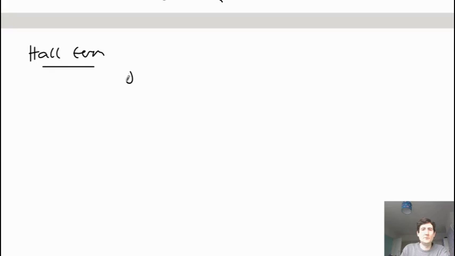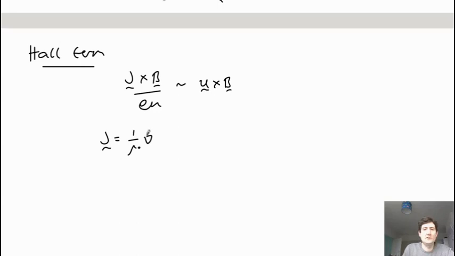You can see when this is important by writing J cross B over en, this whole term, and when that is roughly like the induction term, U cross B, then this term is important. We can write this using J equals 1 over mu naught curl of B, and again do the dimensional analysis that the gradients are roughly like 1 over length.